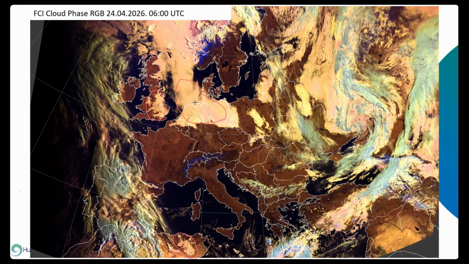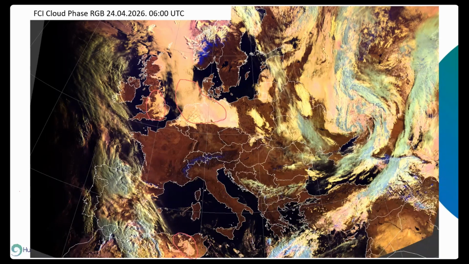As you marked very nicely, the low-level clouds are these yellowish or pinkish clouds. It depends on what kind of particle size we have on the top of the clouds. If we have smaller particles, we will have different color than if we have larger particles.